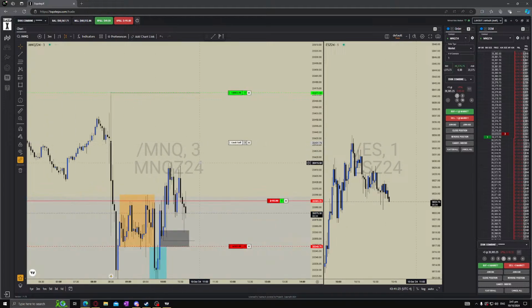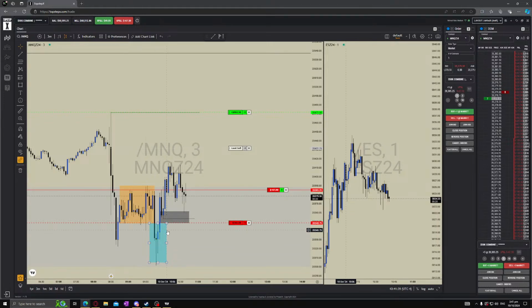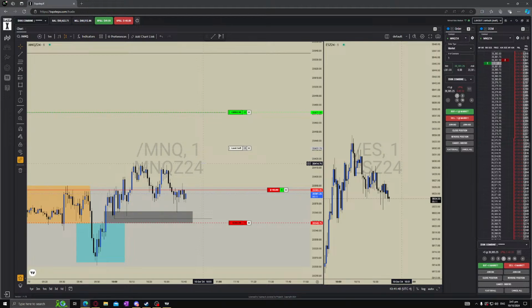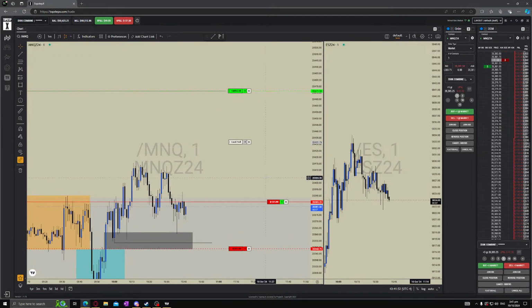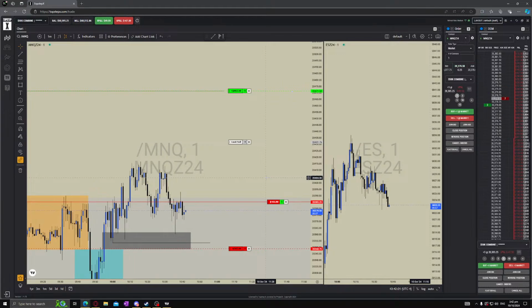This market is so sluggish. Super, super sluggish. Let's see if we get some momentum.